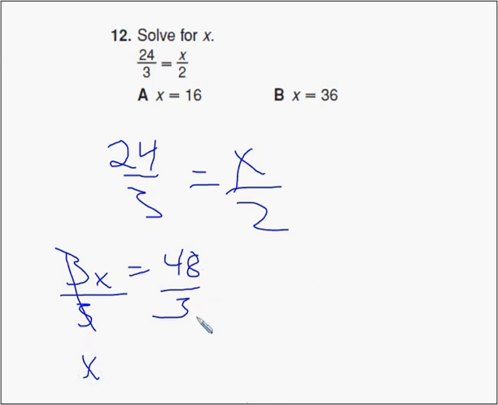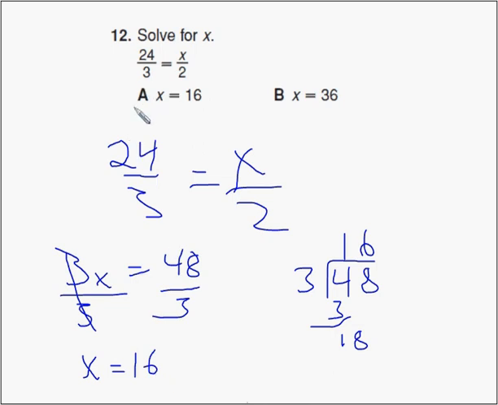So 48 divided by 3. I can work this out the long way. 3 goes in once, remainder of 1, bring down the 8, and I get 18 divided by 3 is 6, so x equals 16. So there we go. Could have just guessed and tested that one.